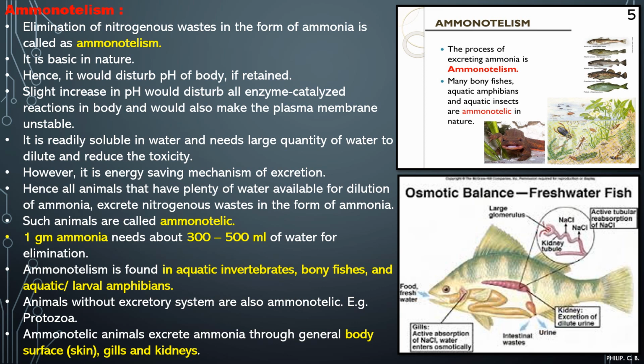Food, fresh water, gills, active absorption of NaCl, water enters osmotically, intestine waste, that is urine, kidney excretion, dilute urine. You can see the large glomerulus, and NaCl is excreted by the kidney tubule. Active tubular reabsorption of NaCl, so reabsorption also takes place here.